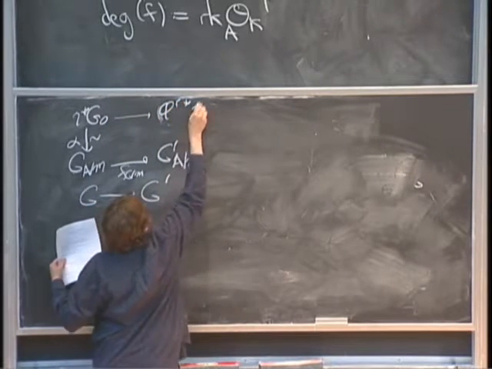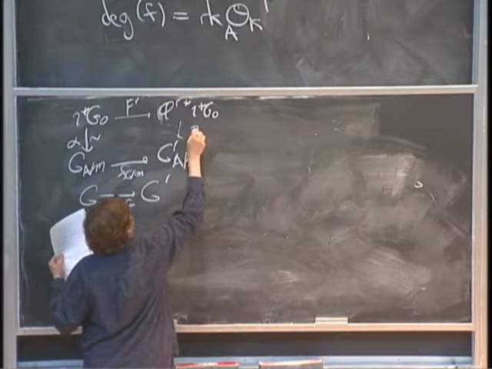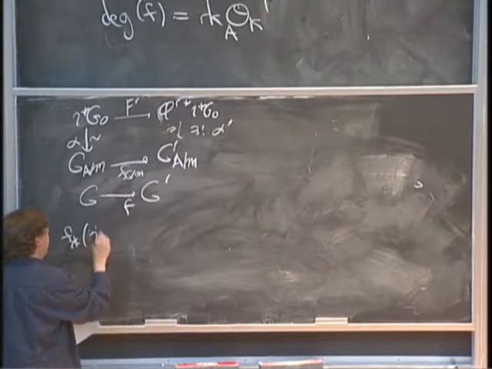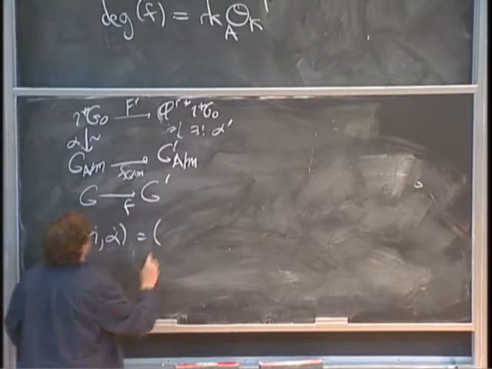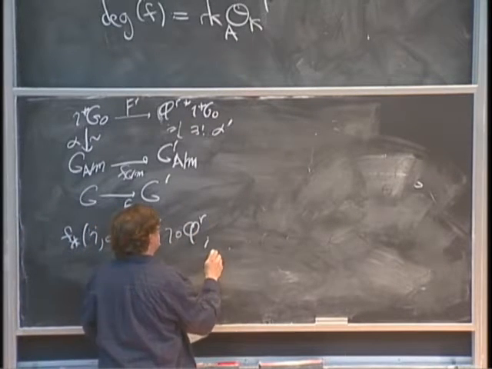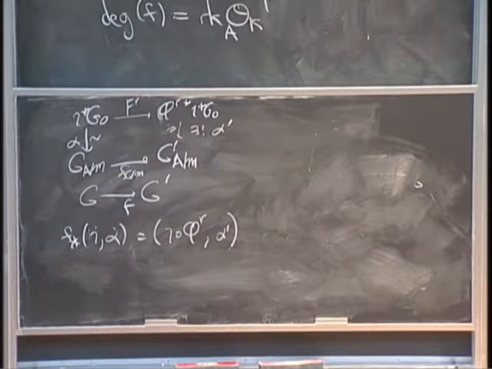So phi to the r star I star G0, this is F to the r, and then there's a unique alpha prime. So the formula is F star of (I, alpha) is something like I composed with phi to the r, alpha prime. So you can push forward deformations.